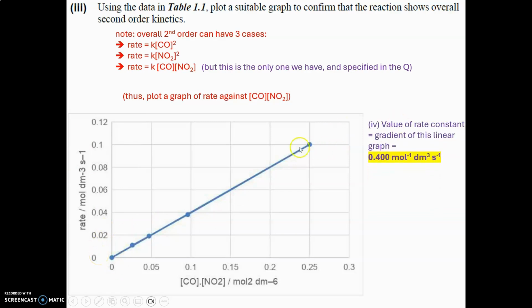We've already mentioned that the value of the rate constant is the gradient of the graph. So you just find 2 points on the graph to calculate the gradient as 0.400 with the correct units of mole to the power of -1 dm cubed per second.